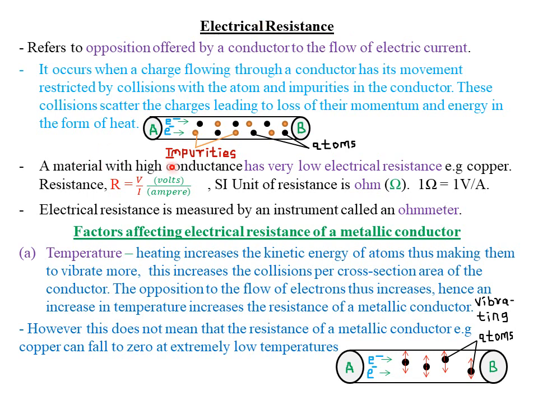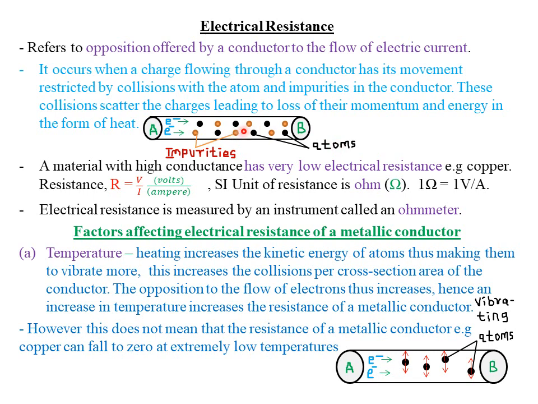Then a material with a high conductance usually has very low electrical resistance. Remember, conductance is just the opposite of resistance, because a material which is a good conductor will always have very low electrical resistance. Good conductors usually have very few impurities and very few atoms that tend to block the flow of electrons.